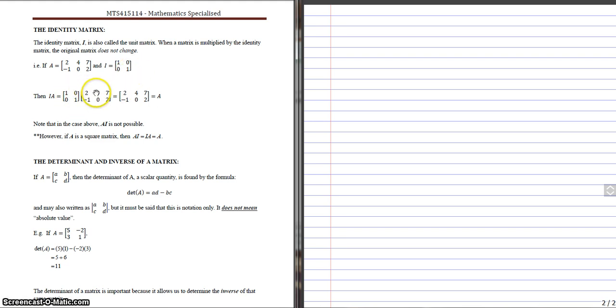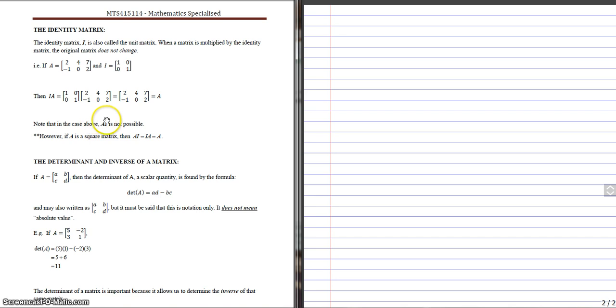So we've got I times A, and when we follow that through, I won't go through it, but you can check it. 1 times 2 plus 0 times negative 1 will give us 2. 0 times 2 plus 1 times negative 1 gives negative 1, and so on through the remainder, so it remains unchanged. So I times A is A, effectively.